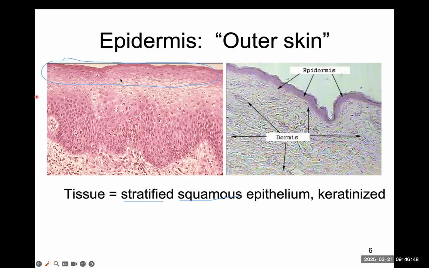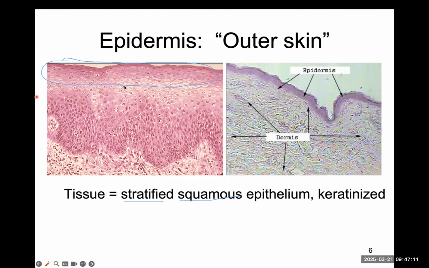So what you want to do is focus on the apical part, the top part of the epidermis, and don't focus on the basal parts. The basal part of the epidermis you don't want to focus on because the cells are not in perfect shape. But here on top, they are nice and round. They can be cuboidal shape, they can be columnar shape. They're alive.